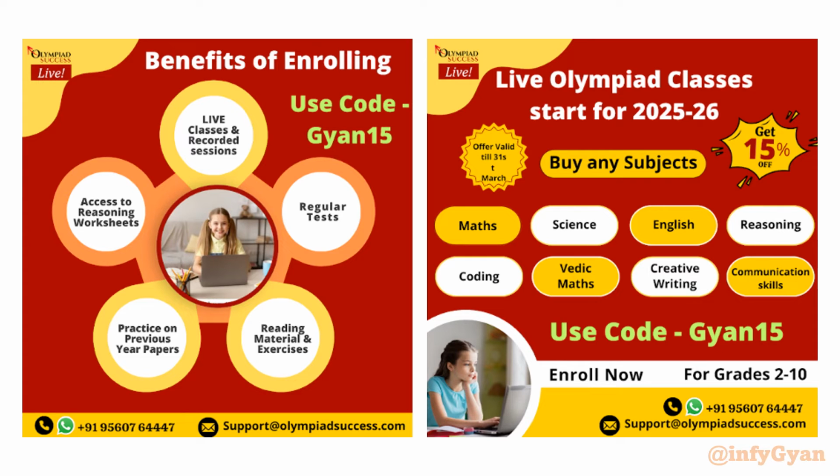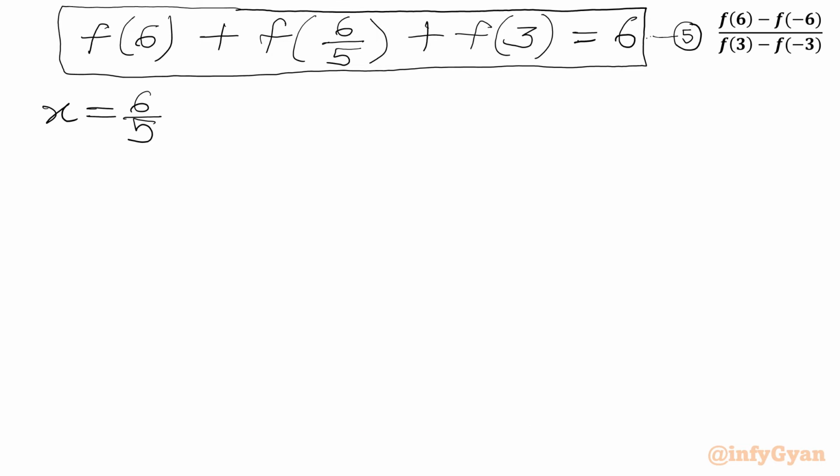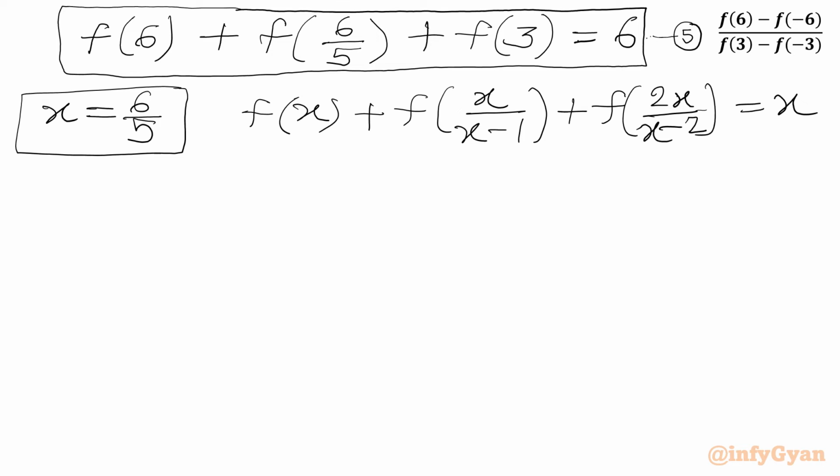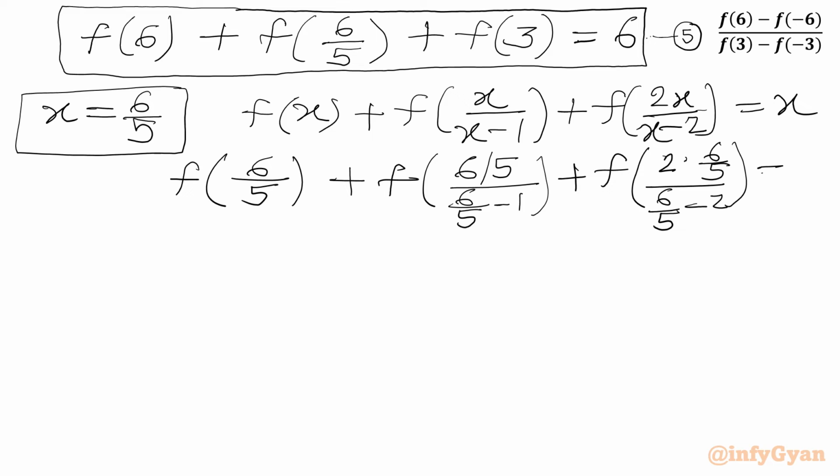Let's come back to our equation. Let me write our equation here. Now I will put x equal to 6/5. So we will get f(6/5) + f((6/5)/(6/5 − 1)) + f(2·(6/5)/(6/5 − 2)), and the RHS will be 6/5.